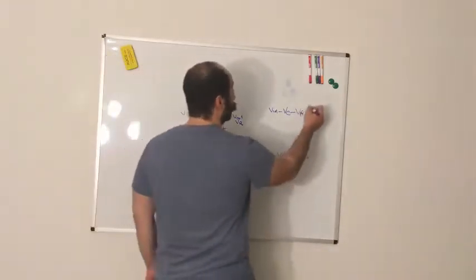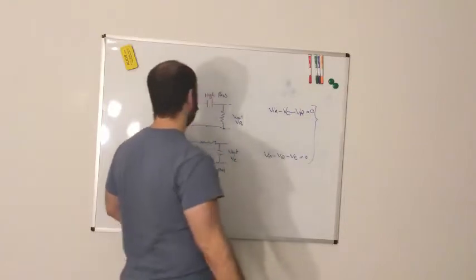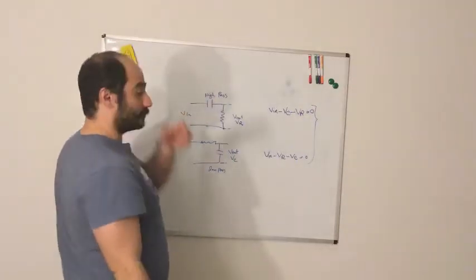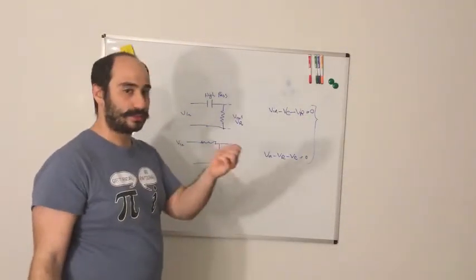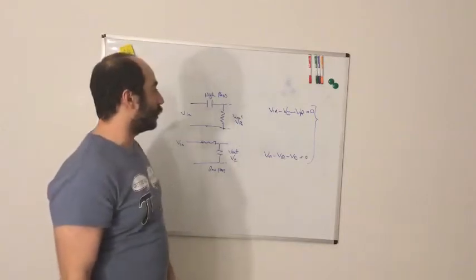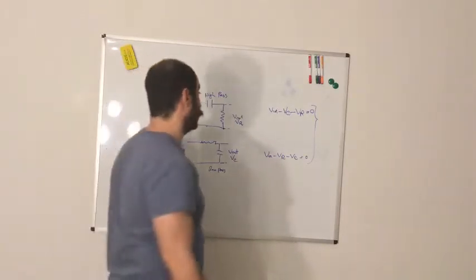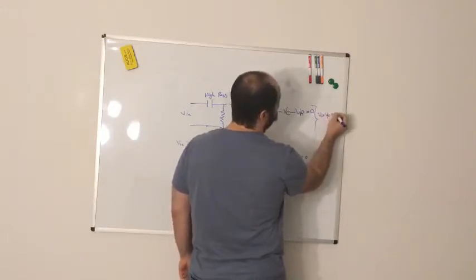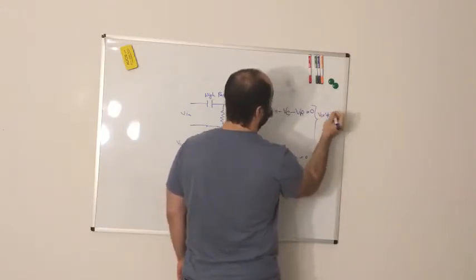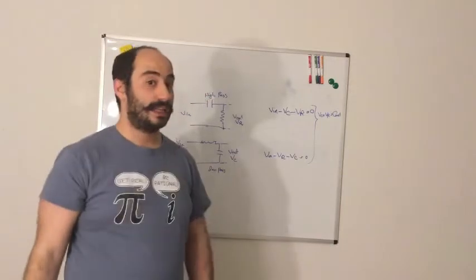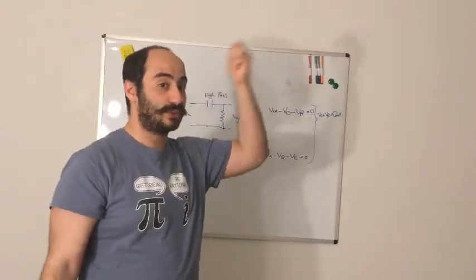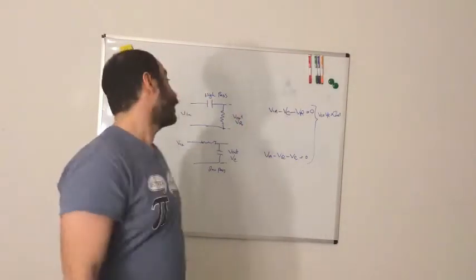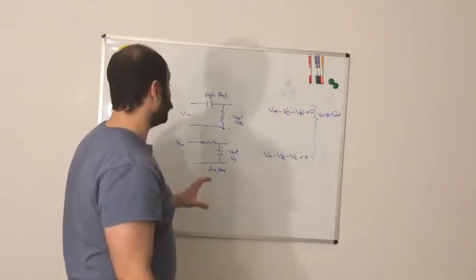What else do we know? You know V in is constant. You always change it to be 10 volt. So your VC plus VR is a constant. The sum of these two should be a constant, which means that if your VC increases, your VR decreases, right? Keep that in mind.